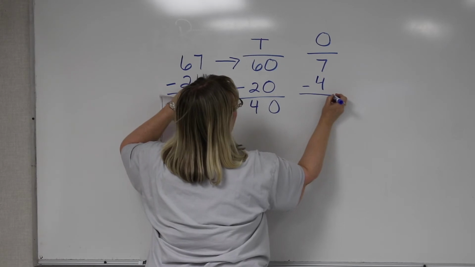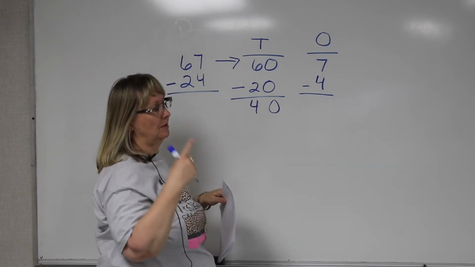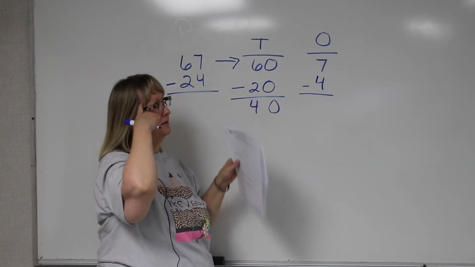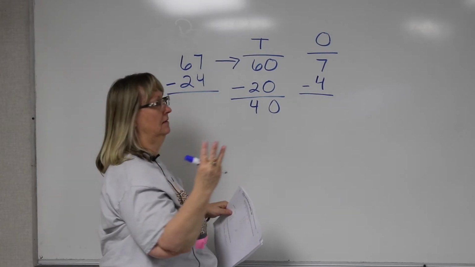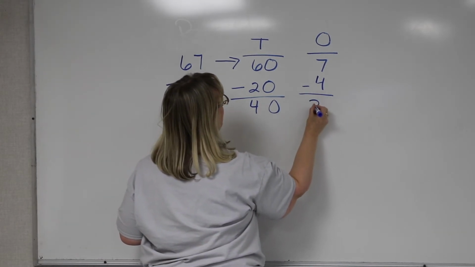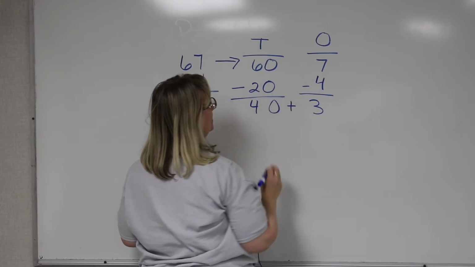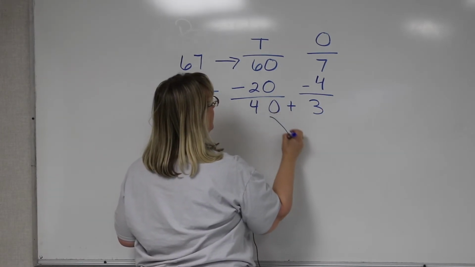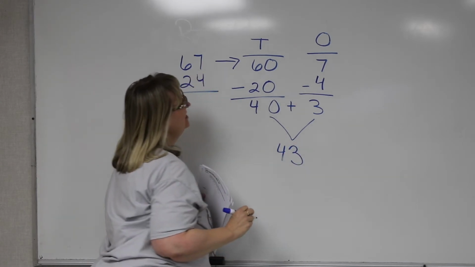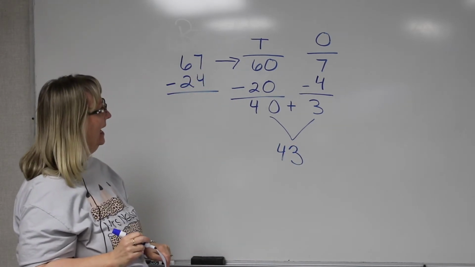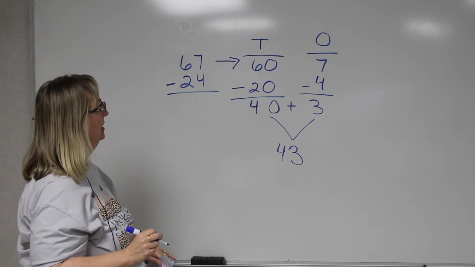And we could subtract that, and 7 minus 4 is, remember, bottom number in our brain, count up. 4, 5, 6, 7 equals 3. Then we just want to add those two numbers together, which gives us 43. So that's just a different way to look at how you can go about doing it.